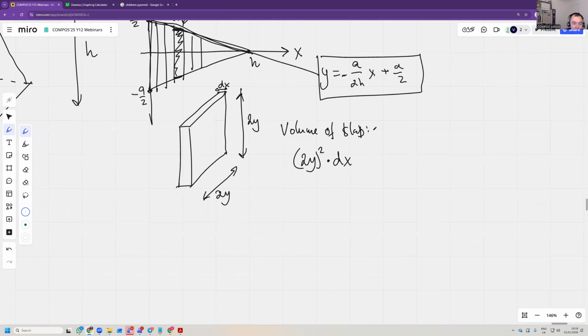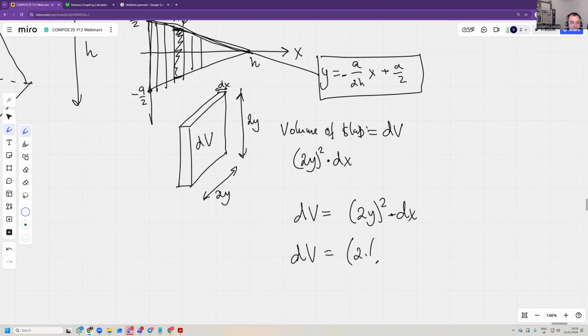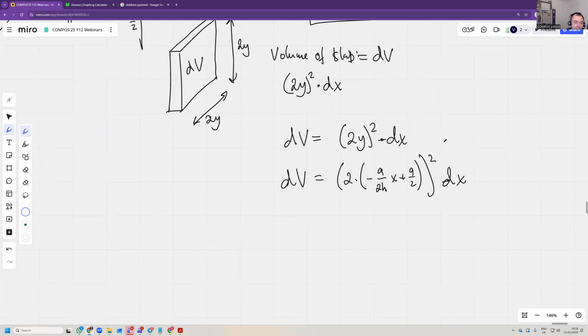So the volume of the slab, dV, is a small volume. So dV is equal to 2y squared times dx. So dV is 2 multiplied by minus a over 2h x plus a over 2, oh no, the whole thing is squared, times dx. So we can open the brackets.